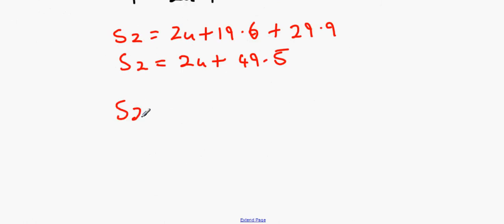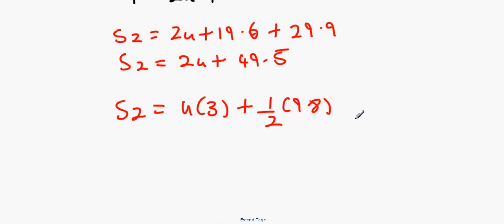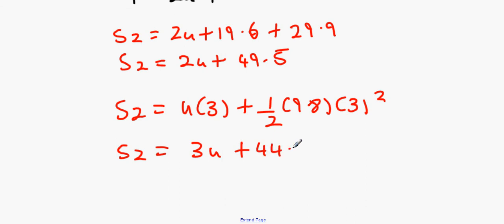So S equals UT plus a half AT squared. It's going to be U times 3 plus a half times 9.8 times 3 squared. So S2 also equals 3U plus 44.1. Now, these two equations, A and B, are both equal to each other.